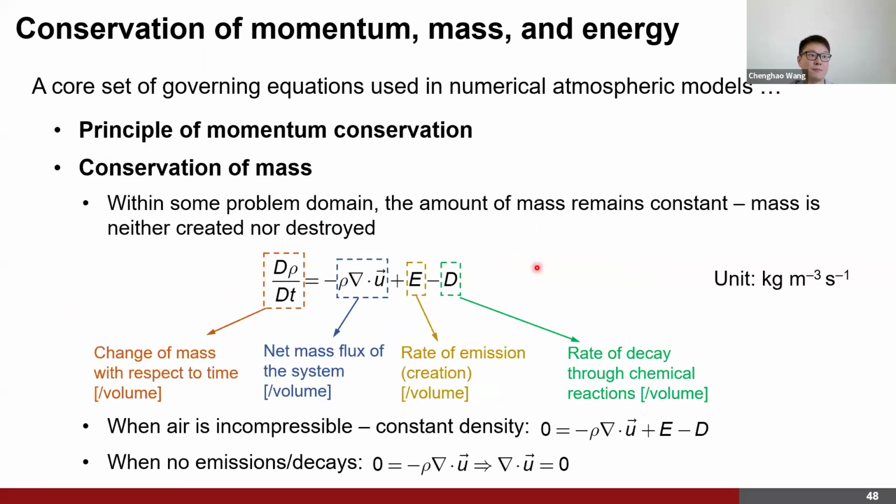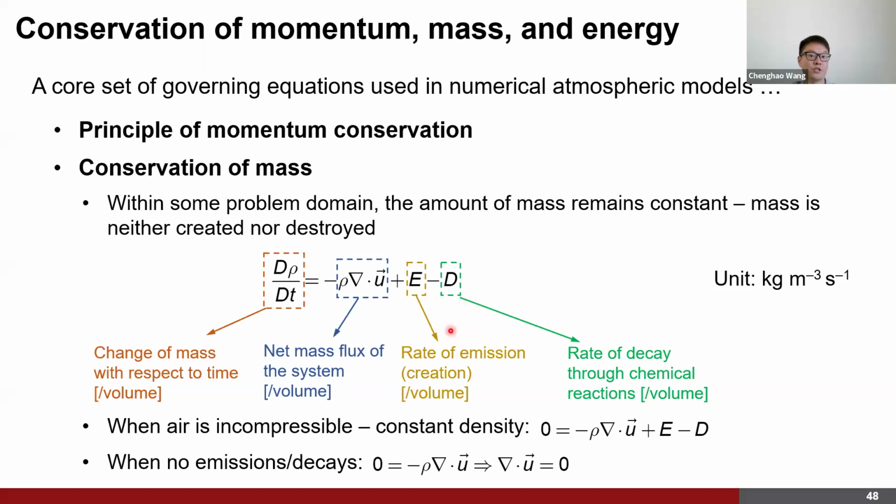And we also have the mass conservation equation. If you consider a problem domain as a system, the change rate of mass within this system should always be equal to the inputs minus outputs. So on the right-hand side, we have this net mass flux, but we also have other sink terms and source terms, such as the rate of emission and rate of decay.